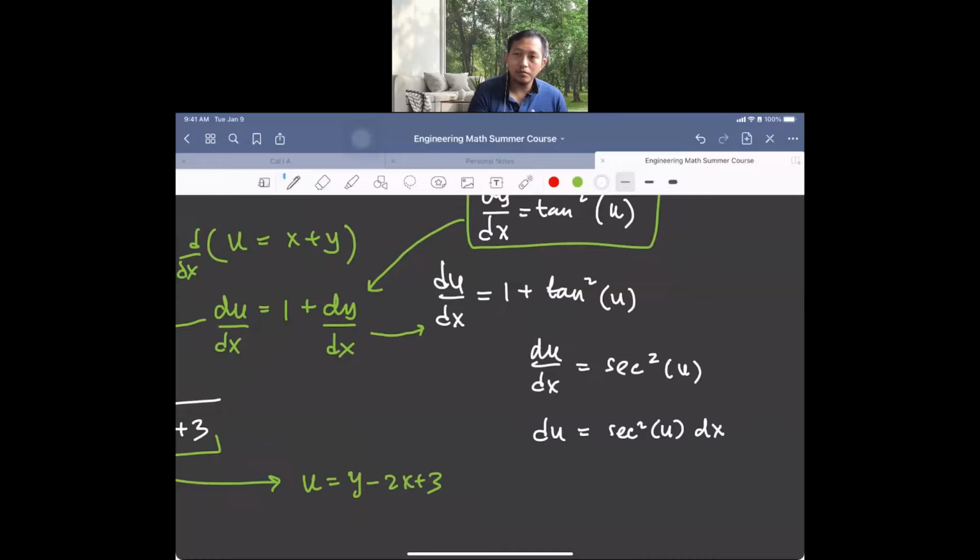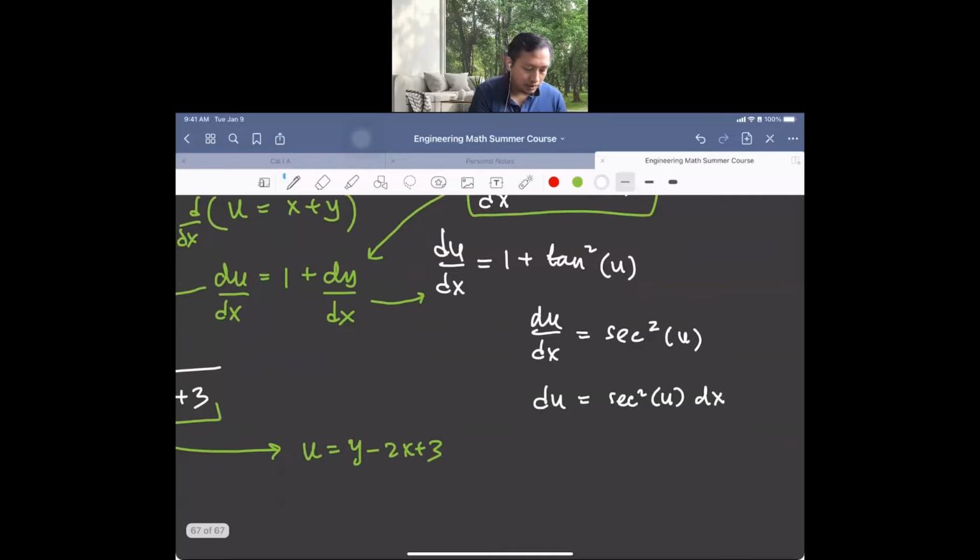But secant, probably you will be able to solve with cosine, because it's easier to think. If you have cosine, you can integrate easily, right? So maybe we can take this as cosine squared u du equal dx, and then just integrate, right? I think you can integrate this, right?